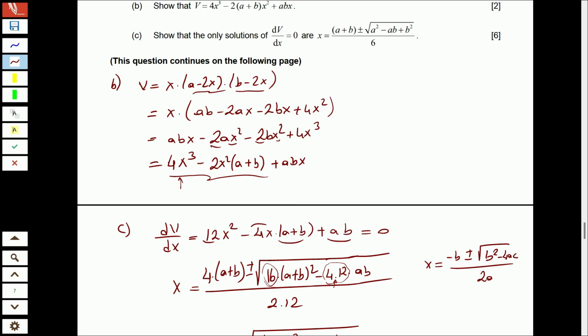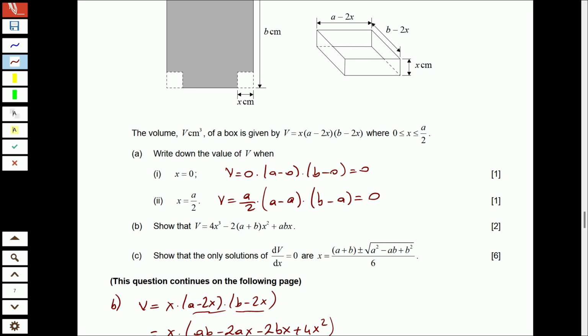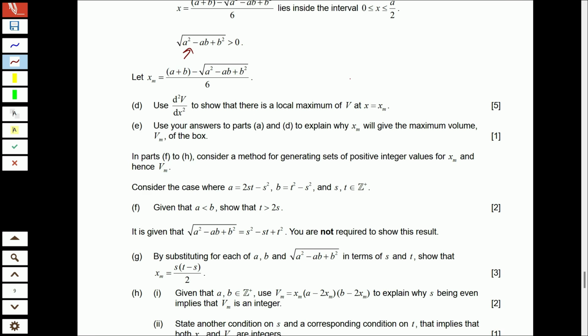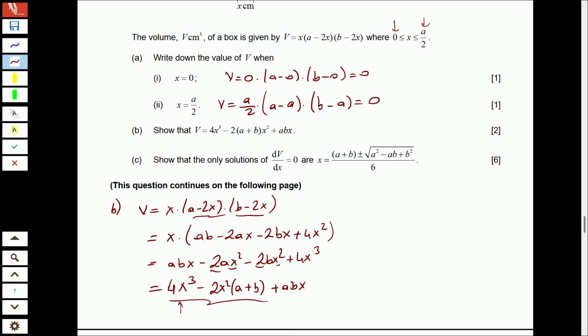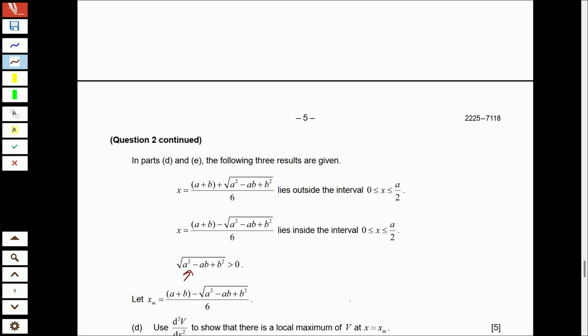At the first question, we show that when x equals 0 or when x equals a over 2, the volume is 0, meaning these are the boundaries of this length x. So you can say that a maximum point will occur either at endpoints or at a local maximum point.